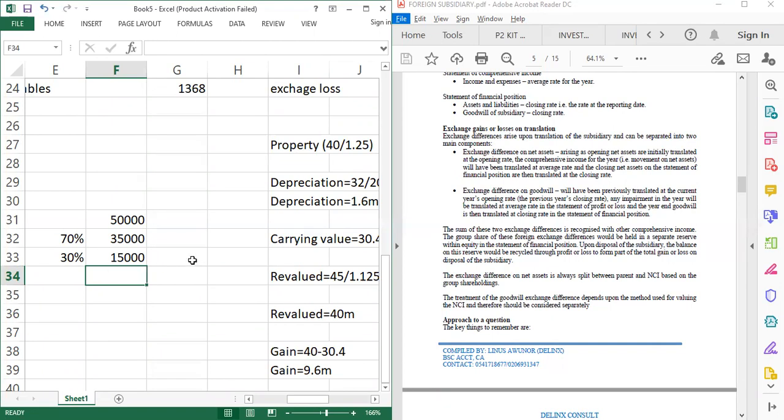But if they are saying that the company is using the fair value, and the fair value of the NCI at the date of acquisition is 18,000, it means that NCI is receiving how much in excess? 3,000.